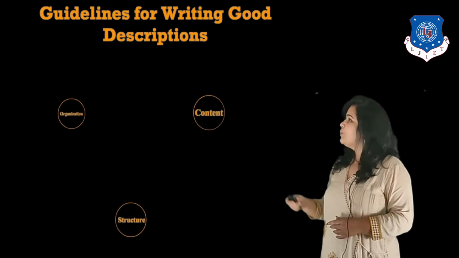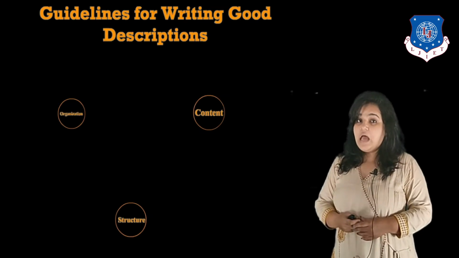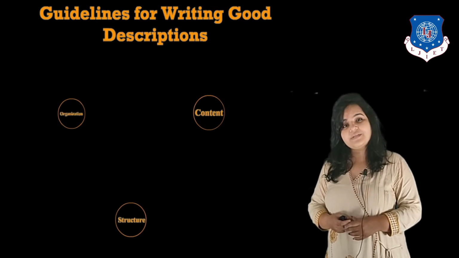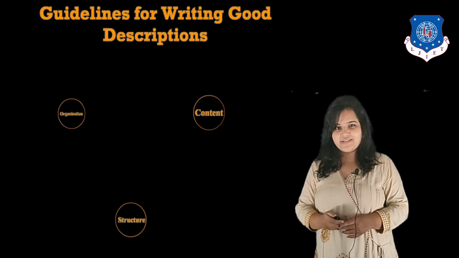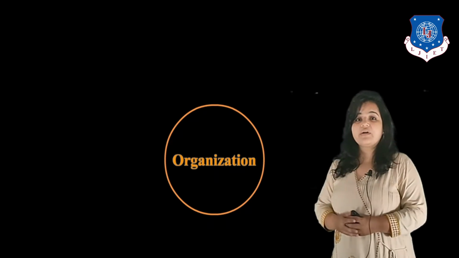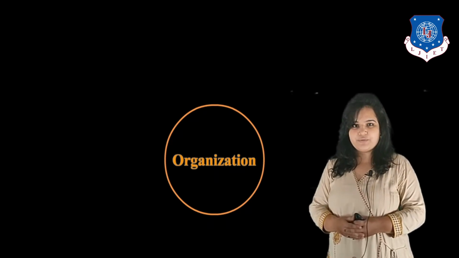Let us see what are some guidelines to write a very good technical description. How you can write a nice technical description. Guidelines would be divided into three major parts, starting with, first I would like to guide you about organization inside the technical description.